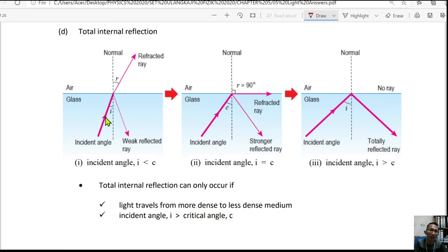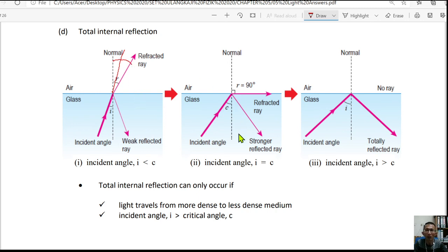The light will emerge from the medium. Like in this case the light travels from glass to air, so from more dense to less dense. So what happened? It will be refracted away from normal. It's supposed to go straight like this, correct? But it will be refracted away from normal.